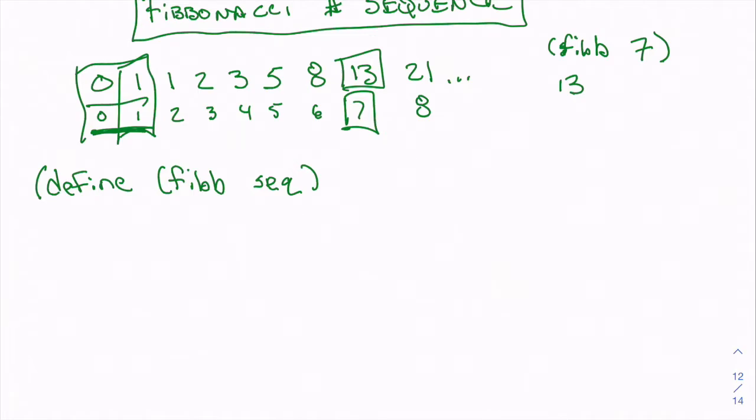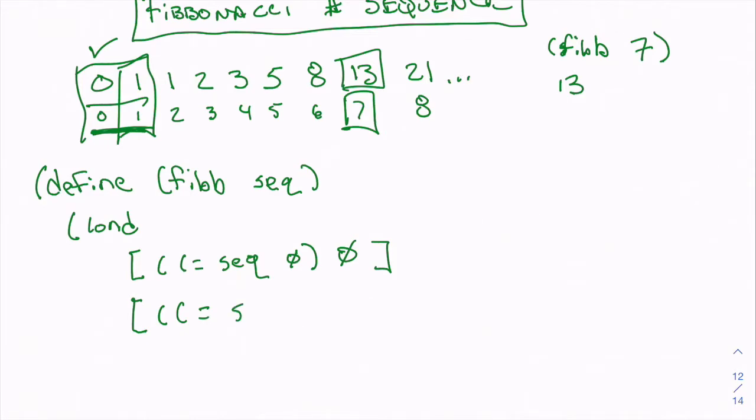So let me set up a cond statement. And if the sequence number is 0, we're going to return 0. All right, that takes care of our first base case.